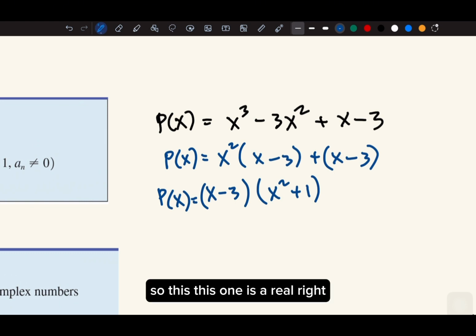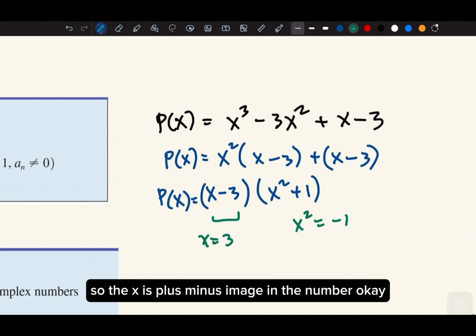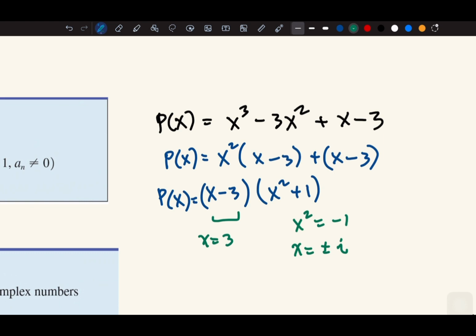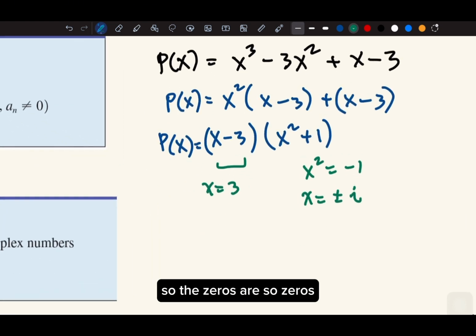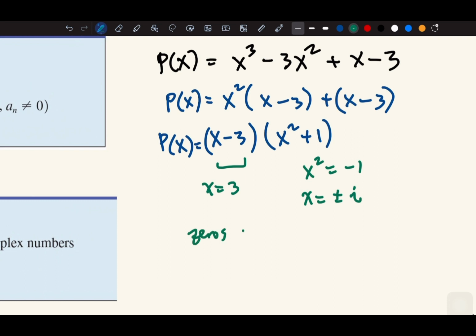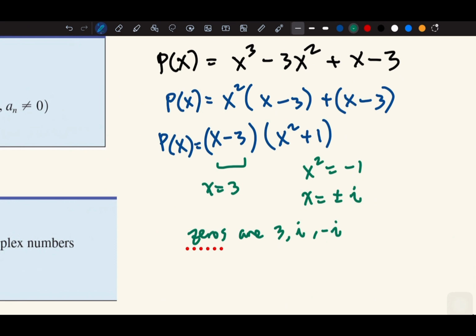So this one is a real, right? x equals 3, but this one is basically -1. So x is plus minus imaginary number. So the zeros are 3, i, and -i.